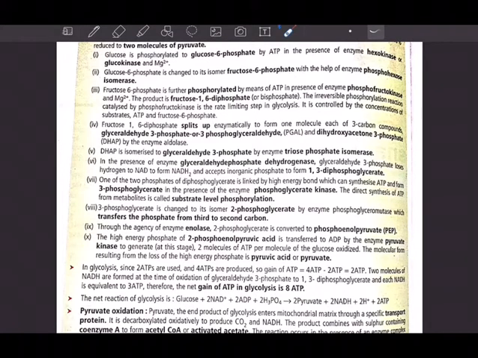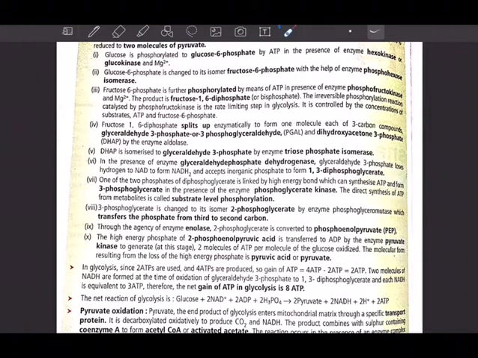Second step, glucose 6-phosphate is changed to its isomer fructose 6-phosphate with the help of the enzyme phosphohexose isomerase. Step 3, fructose 6-phosphate is further phosphorylated by means of ATP in the presence of the enzyme phosphofructokinase and Mg2+.